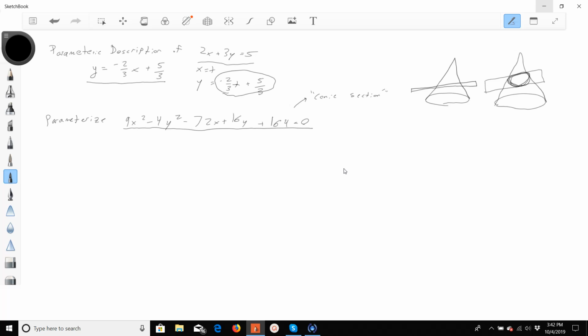It's known as an ellipse. I don't want to make a video on conics, but basically your circle equation is (x minus h) squared plus (y minus k) squared is equal to r squared.